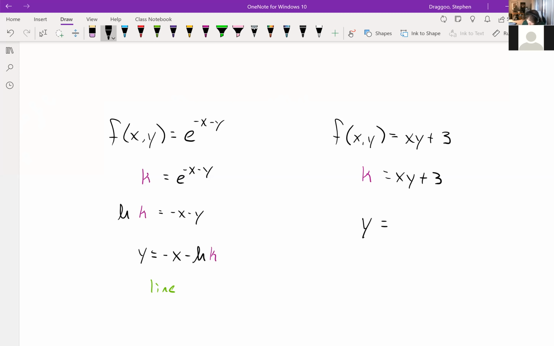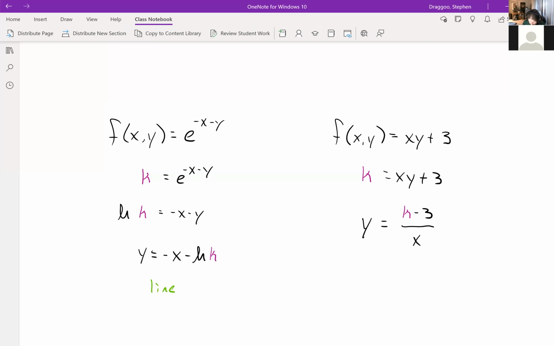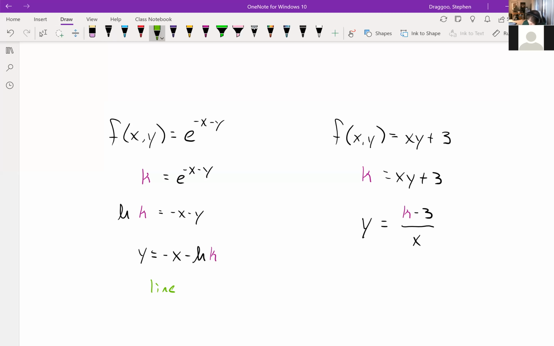So y is equal to, let's try that one more time, k minus 3 over x. That thing is hyperbolic. Cool. Now I can say that I've covered that.